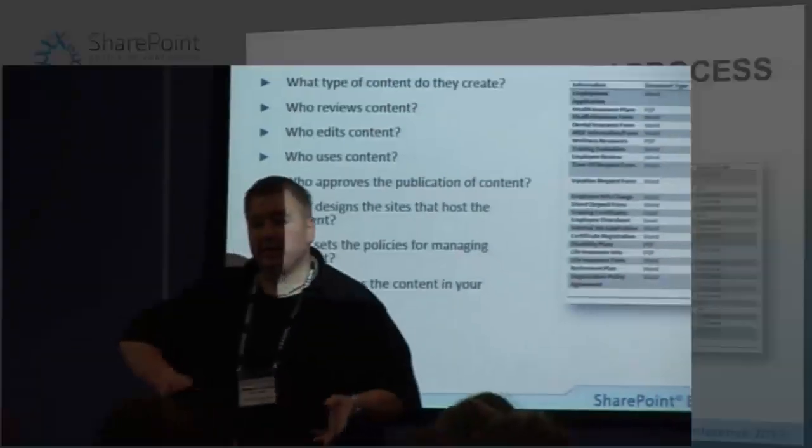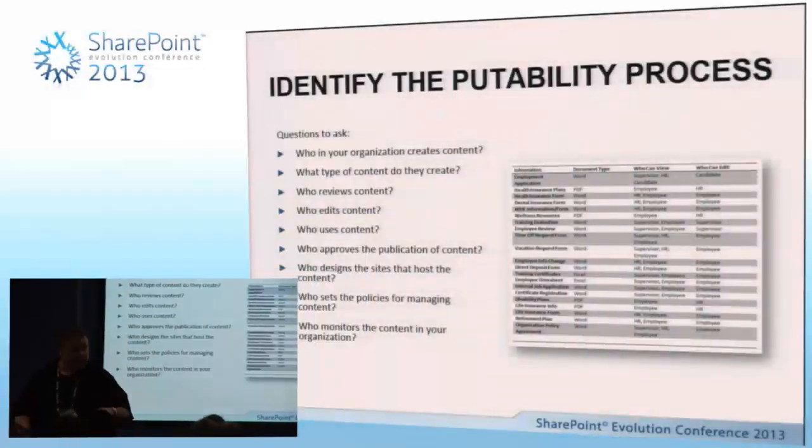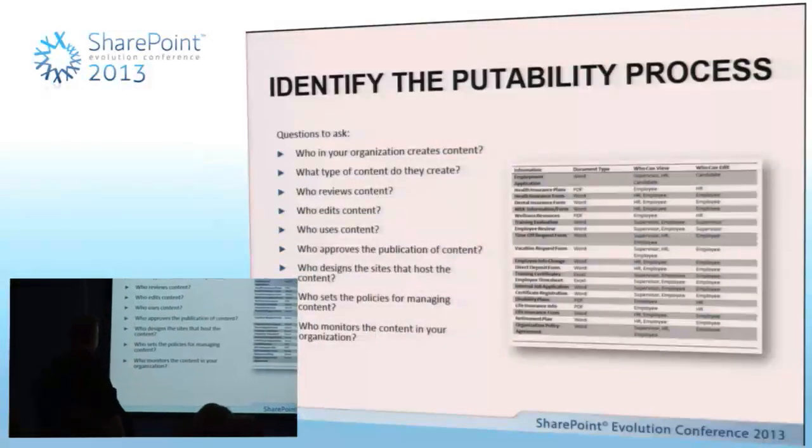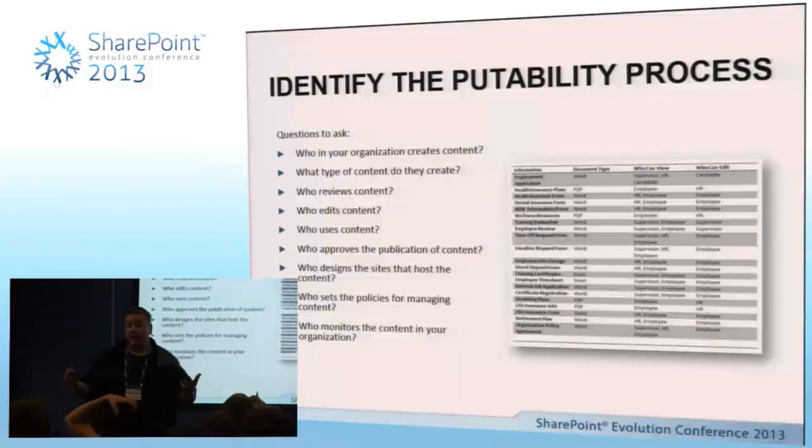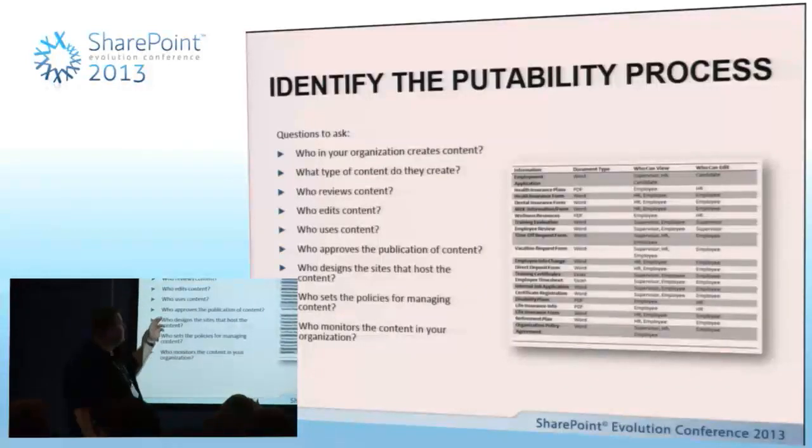So the other thing we need to do, again, kind of going back, we need to understand how people put information and where they do it. So who in your organization creates the content? What type of content do they create? Who reviews it? Who edits it? Who uses it? All the different pieces that need to go in there. Who approves it for publication? Who designs a site that hosts the content?